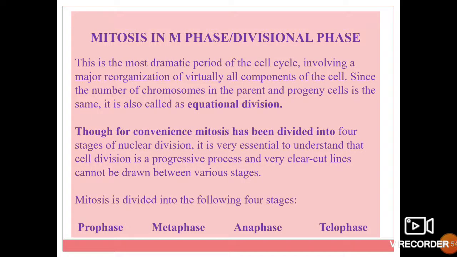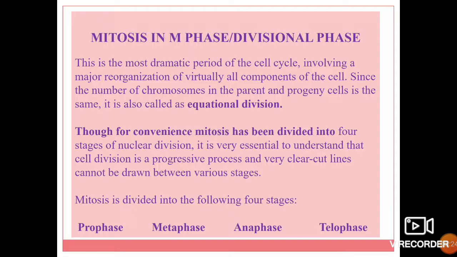Now, why is mitosis also known as equational division? As I have already told you, because it produces daughter cells qualitatively and quantitatively identical to each other and also identical to the mother cell from which they were derived. You might remember that in the cell cycle, we have something called the divisional phase.